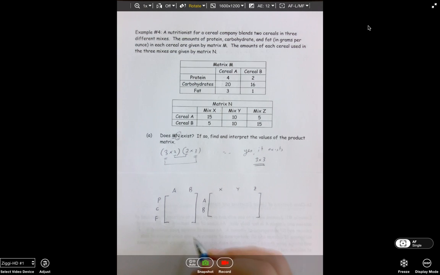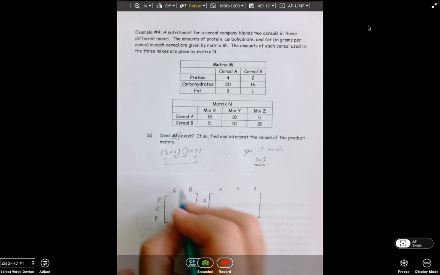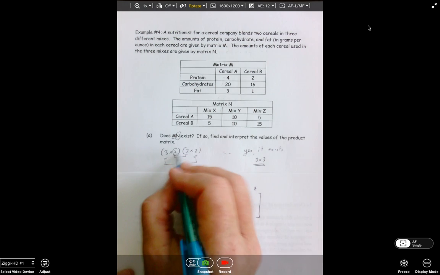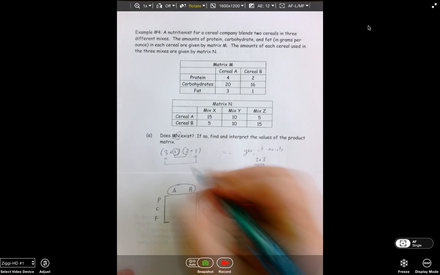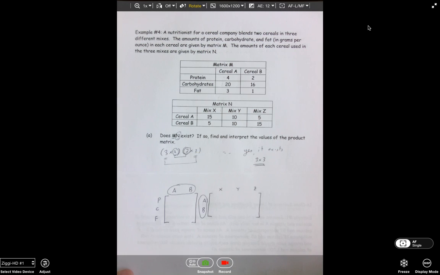For this product to be meaningful, not only do the number of columns, the 2 right here, have to be equal to the number of rows right there, but they have to measure the same thing, and they do. They're both giving values for the type of cereal.